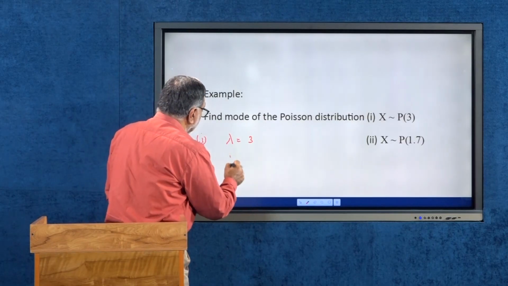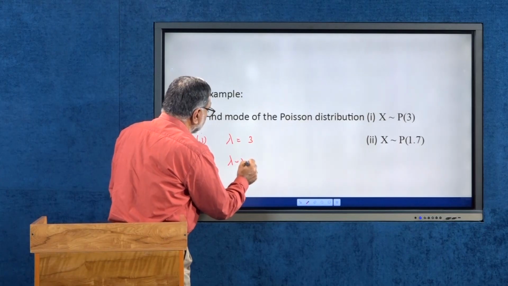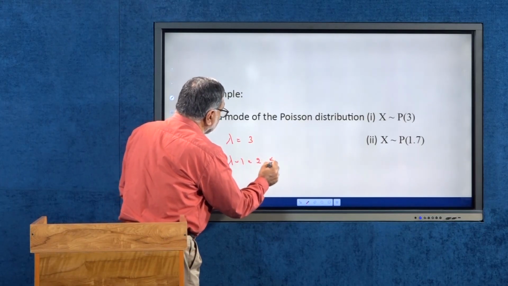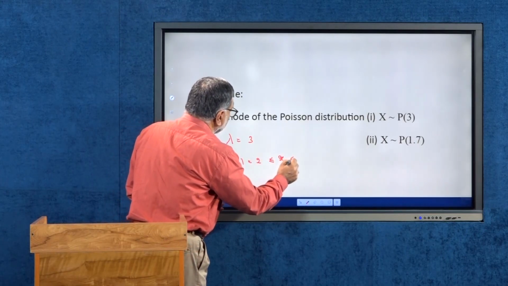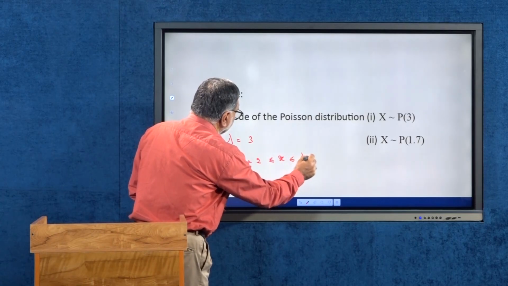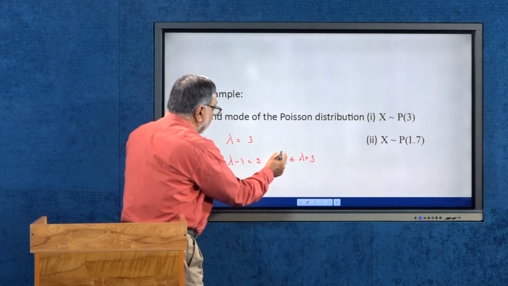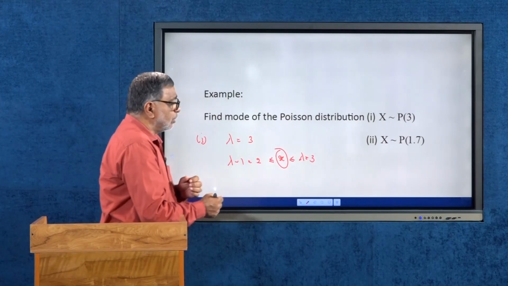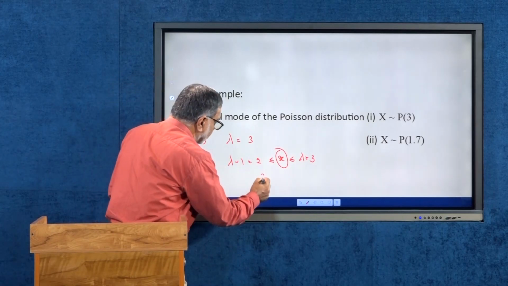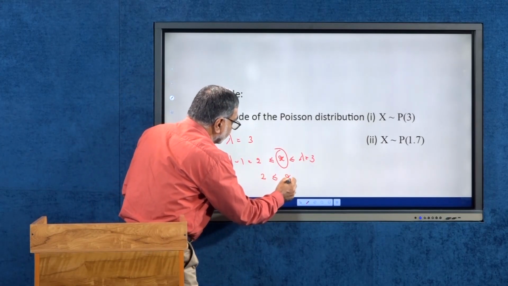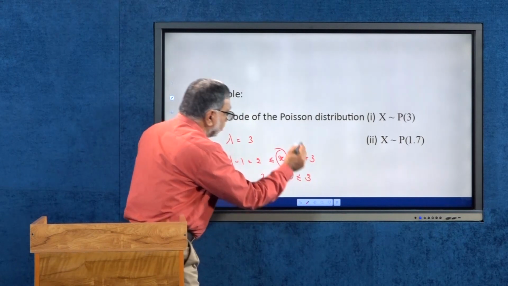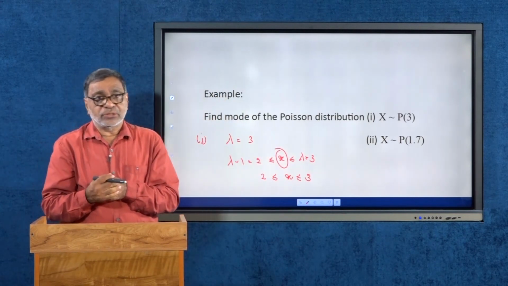So, lambda minus 1, that is 2, less than or equal to x less than or equal to lambda, that is 3. So, if x is the mode of the distribution, then x is always like this: 2 less than or equal to x less than or equal to 3.